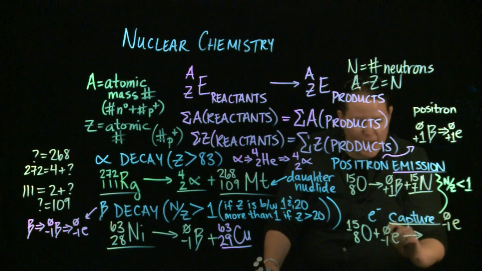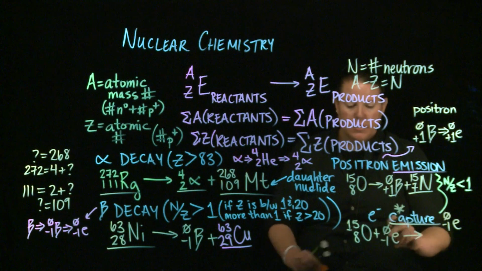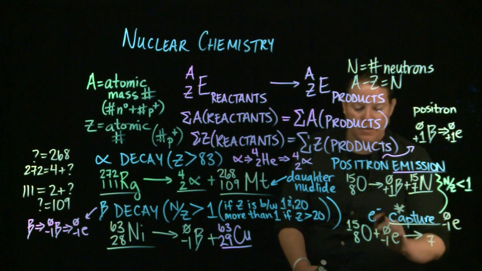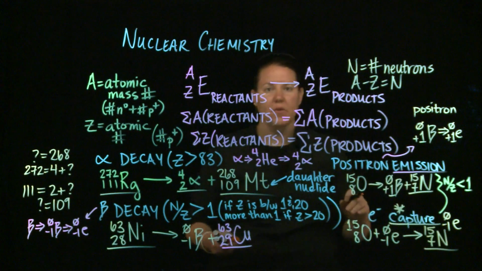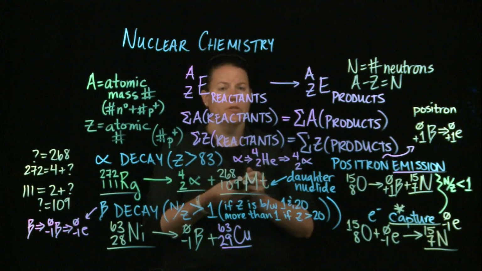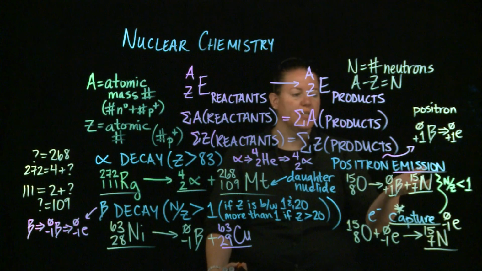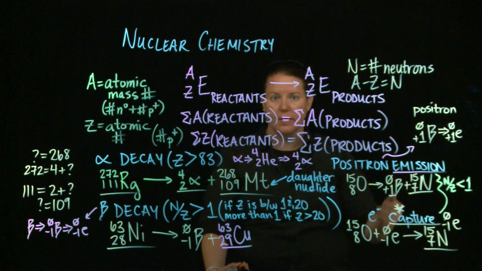But it's going to be on the reactant side. It's the only one that is a reactant. And so then you do 8 plus minus 1 equals 7, 15 plus 0 equals 15. And that's still nitrogen, right? Either way, you made nitrogen as a result of this process, which is why both of these accomplish the exact same thing. They give you the exact same nuclide in the end.